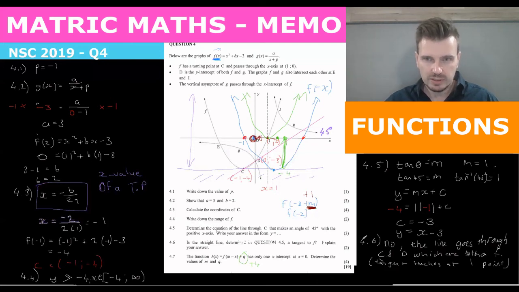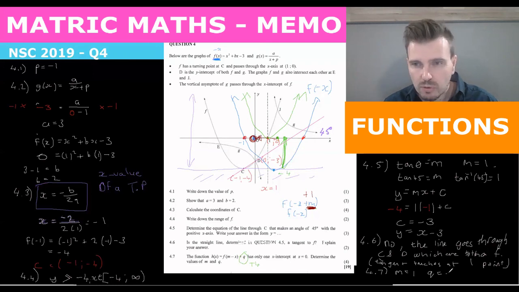So, tricky question. I haven't done the working because I haven't got space. It's all up here. But M is equal to 1 and Q is equal to 4.